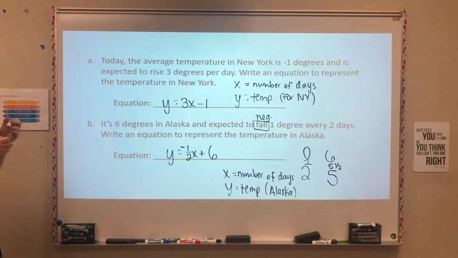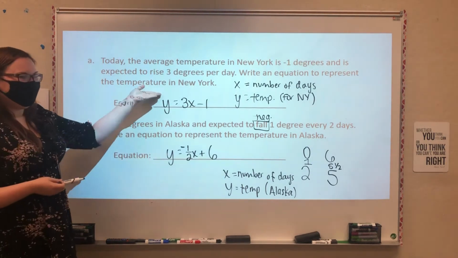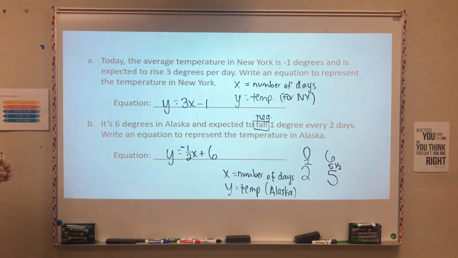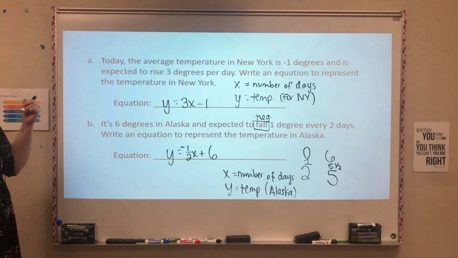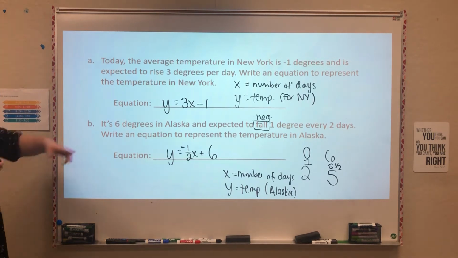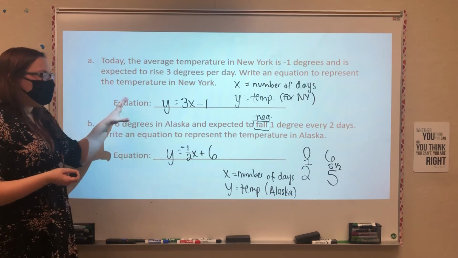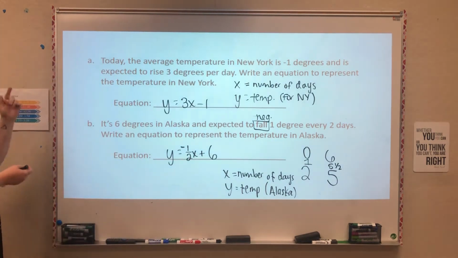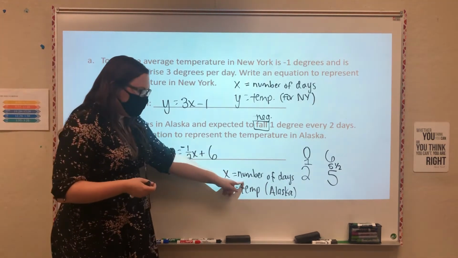You told me earlier, what is a set of equations called? System. Yeah, we've got a system of equations. I know it's a system because there's more than one equation, but those equations are using the same variables. They're referring to the same things. Both of these we're talking about the temperature over a certain amount of days.